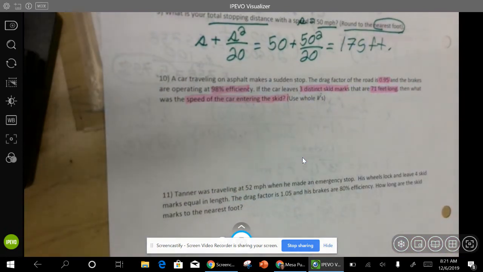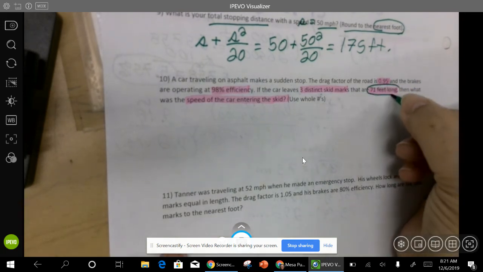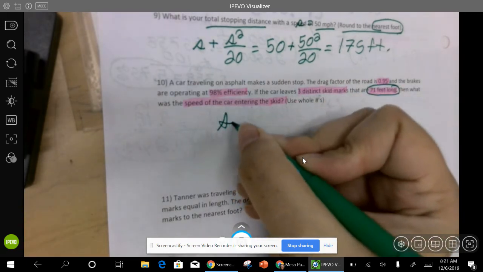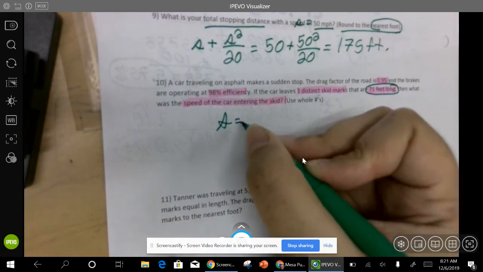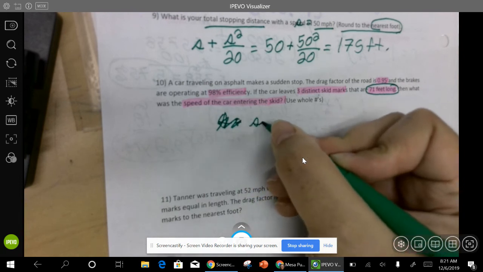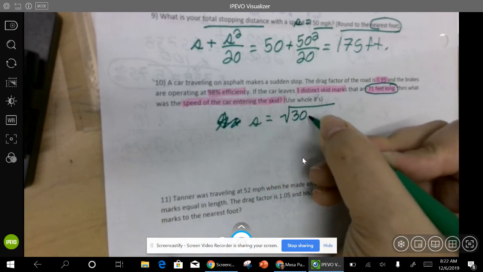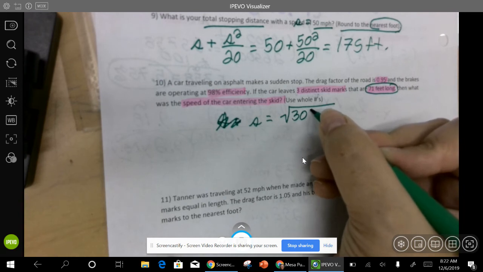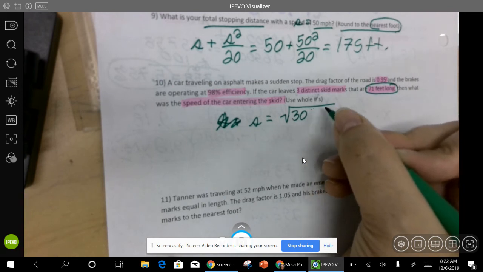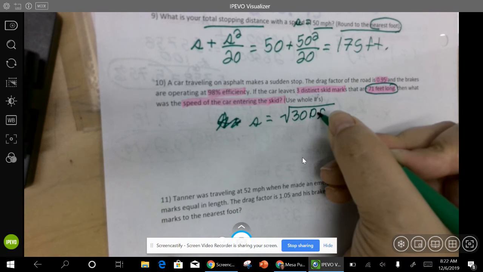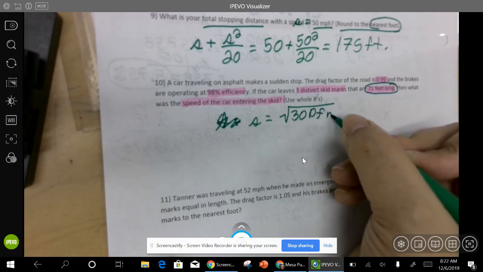They already gave us the average, so we don't need to calculate the average for the skid marks, just so you know. So speed is equal to, I'll use my lowercase s, 30 times the skid mark distance, times the drag factor, times the braking efficiency.